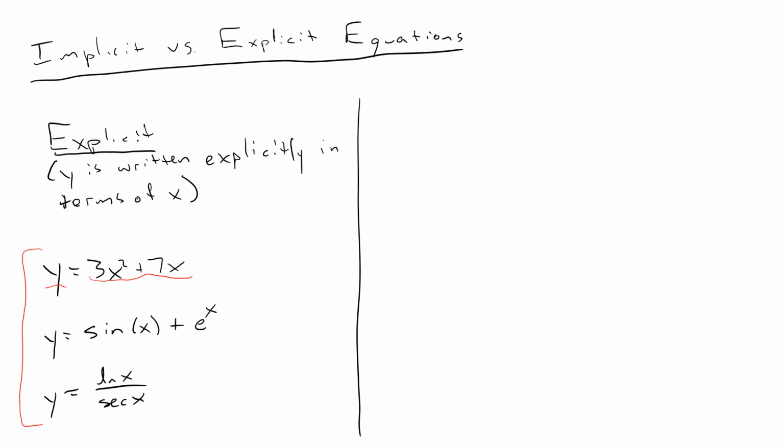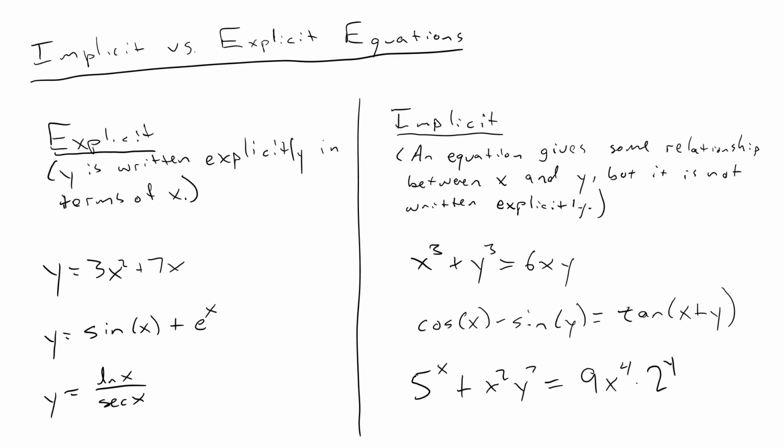Okay, when we do implicit differentiation, we're dealing with something a little bit different. We're going to be dealing with implicit equations. On the right-hand side here, we no longer have y being explicitly written in terms of x like we did over here on the left, where we had y all by itself on one side and then just x's on the right-hand side.